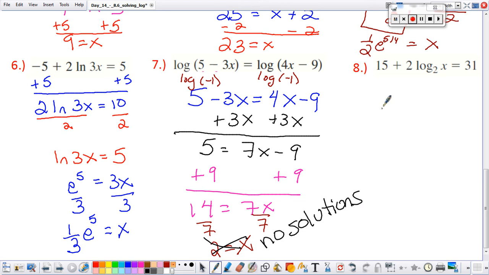And lastly, for number 8, we're going to subtract the 15. We're going to divide by 2.